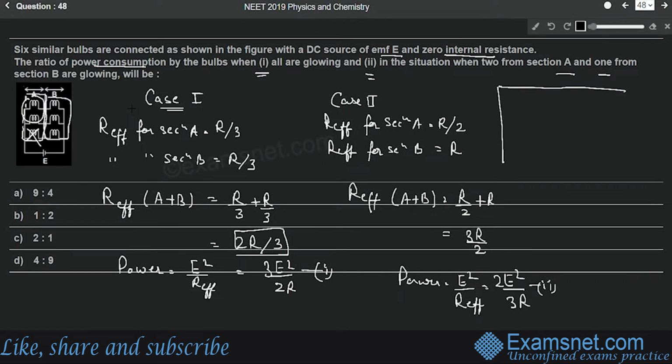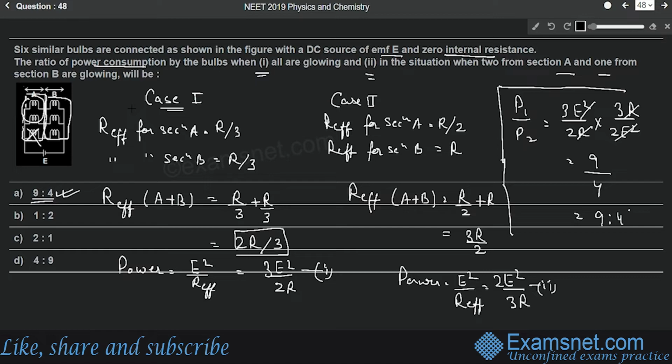P1 by P2 will be equal to 3E square by 2R into 3R by 2E square. So here we'll get 9. E square will be cancelled, R will be cancelled. 9 by 4, that means the ratio will be 9:4. So what will be the correct answer? Option A will be the correct answer.